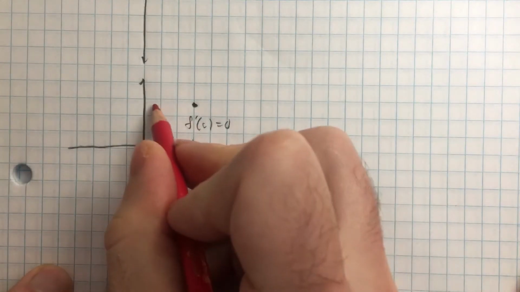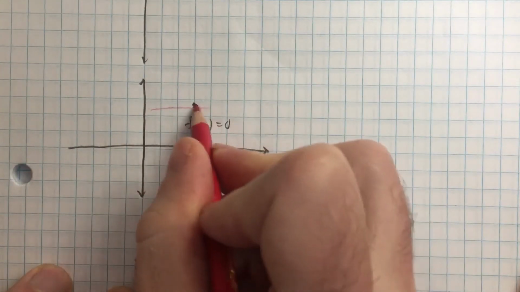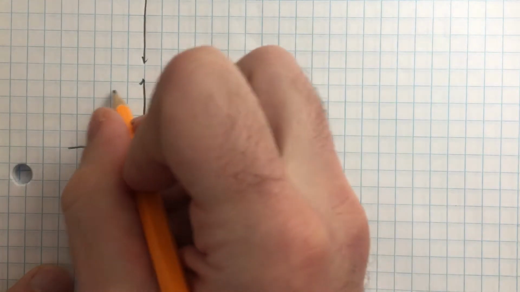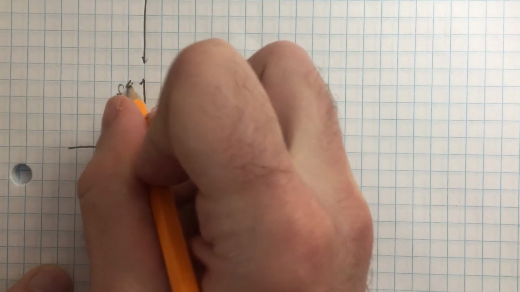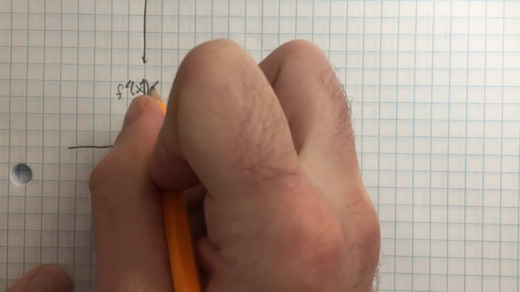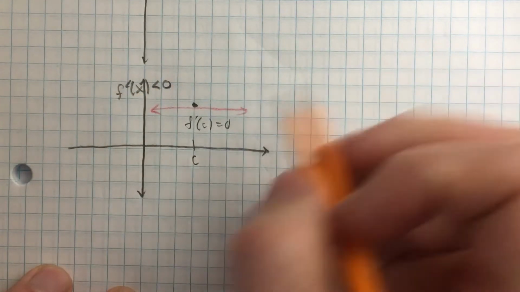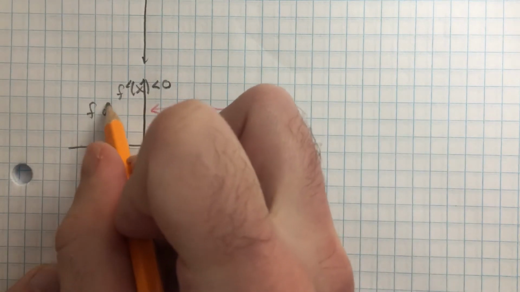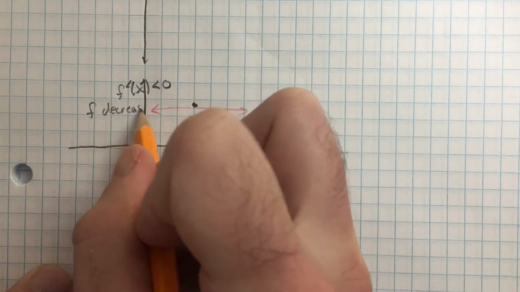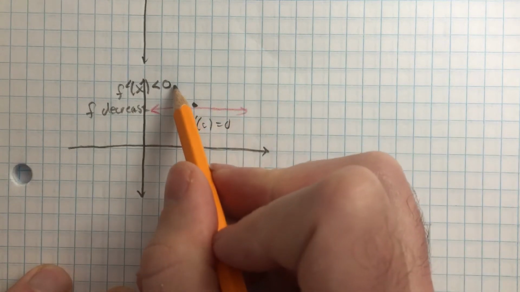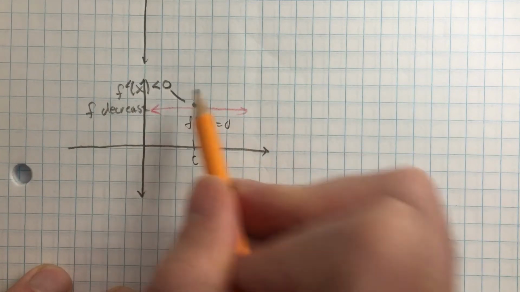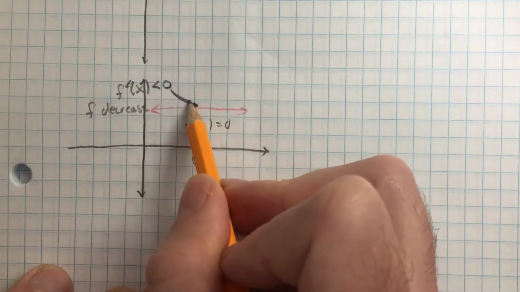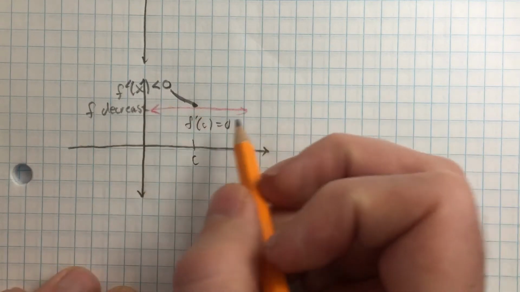So again, you have a horizontal tangent right there at C. But simultaneously, if you knew that f prime of x was negative to the left of this location, you would know the function f was decreasing towards this location. So here it is, sweeping down towards this location, going downwards towards it, because the function is going downwards thanks to the derivative being negative.